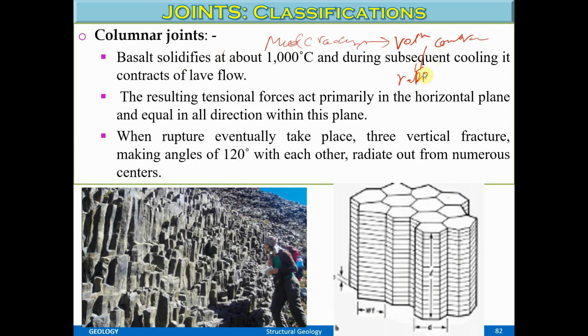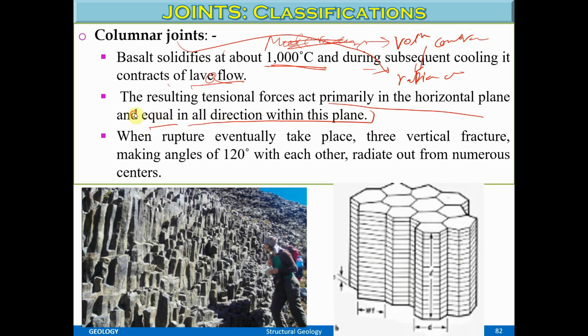Rapid cooling. So in this case, columnar joints are also developed due to rapid cooling. Basalt generally solidifies at 1000 degrees centigrade, and it solidifies during the lava flow. The resulting tensional forces act primarily in the horizontal plane and are equal in all directions within this plane.